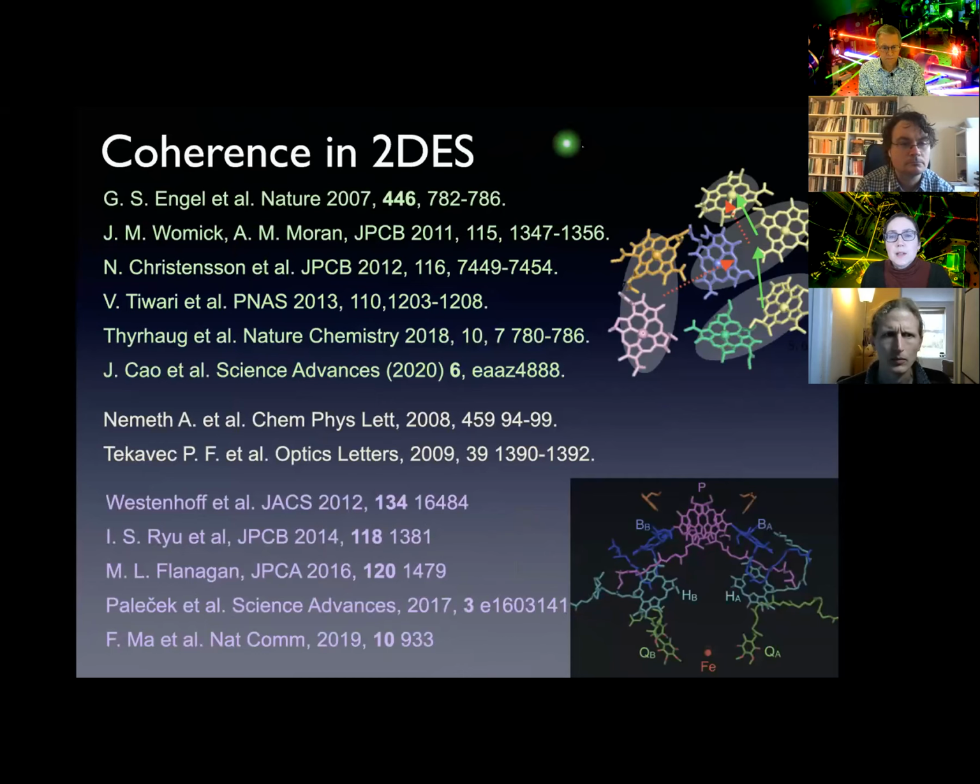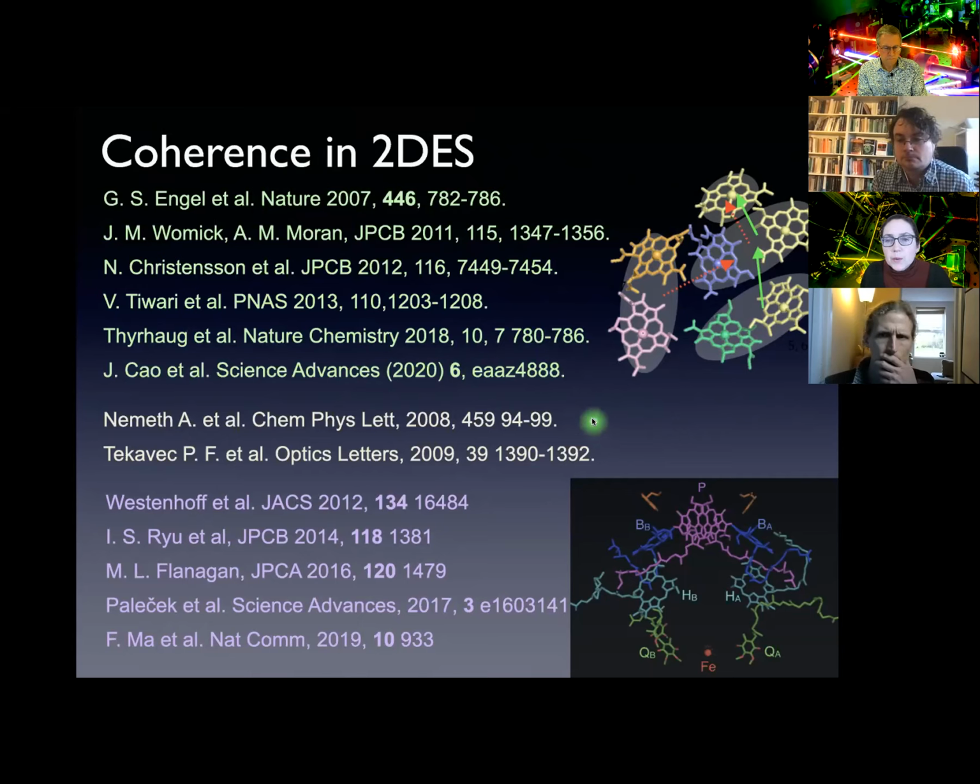Okay, fast forward to reports of coherence in 2D spectroscopy, starting with the work from Fleming and Engel on FMO in 2007, which of course gave rise to a lot of work in the field. I can't list it all here, but for people interested in learning more about that story and how our understanding of coherence and how it's manifest in 2D spectra has developed over the years, I'd refer you to some of these key papers, and in particular to a recent review paper in Science Advances by a number of us in the field.